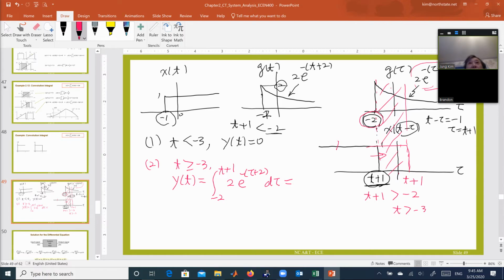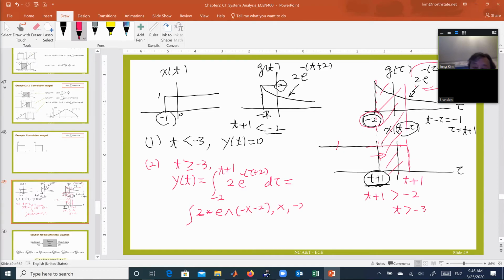So using the calculator, it is like this: integration, 2 times e to the parenthesis minus x minus 2, comma x, comma, from minus 2 comma t plus 1.